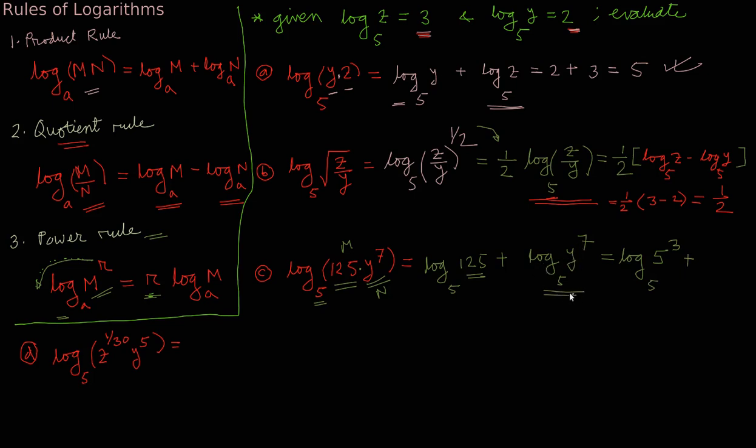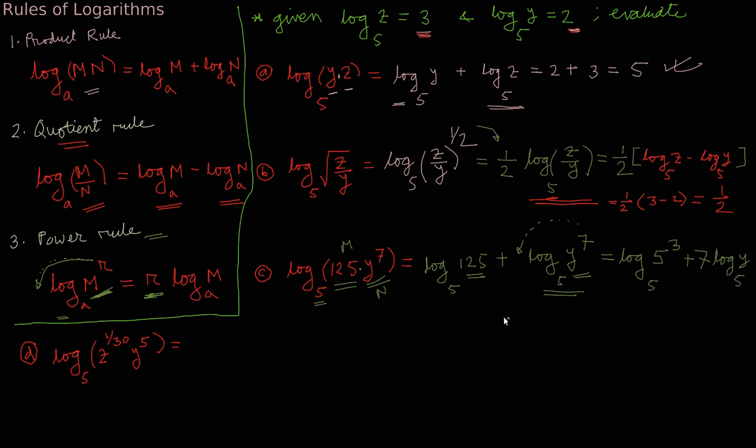I want to remind you about the power rule, m power r. When I have m power r, r comes at the front of the logarithm. So it is y power 7. So 7 is going to come at the front of my logarithm here. So it is going to be 7 logarithm of y base 5.